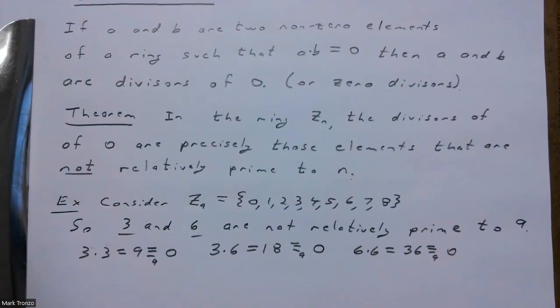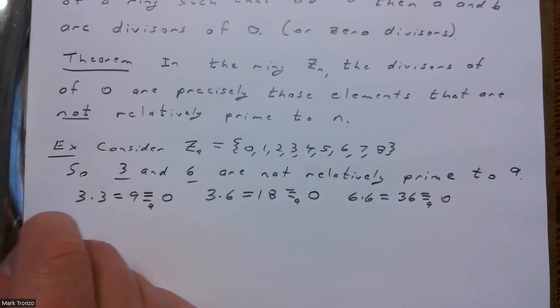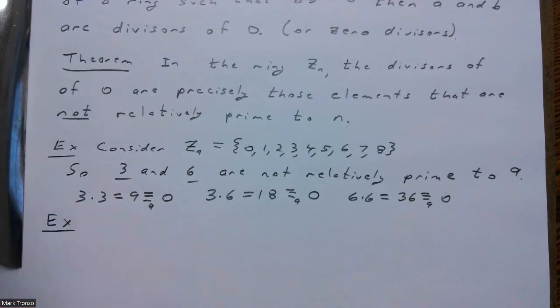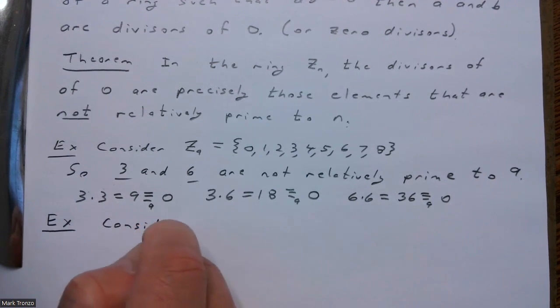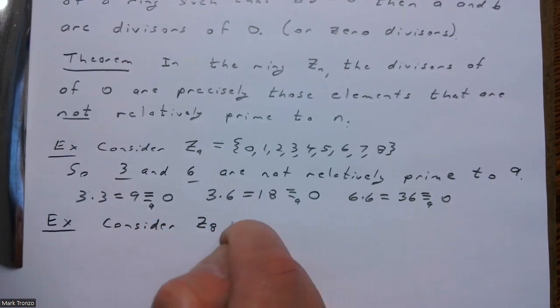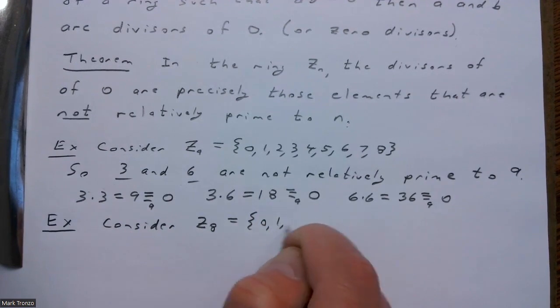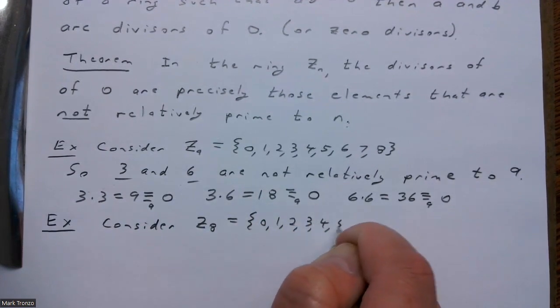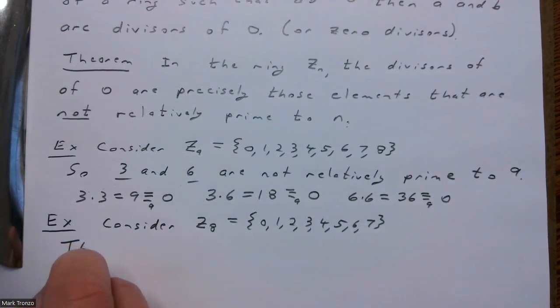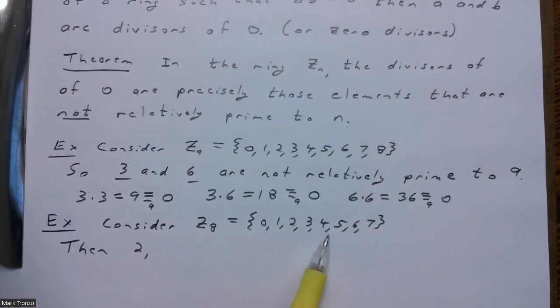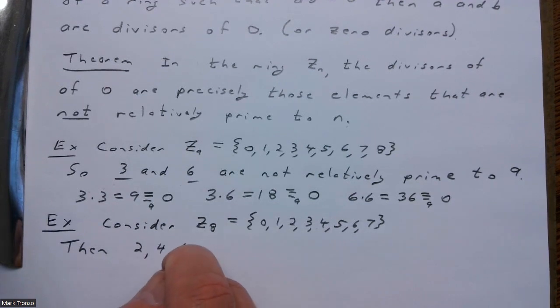Let me see if I have another one here. So let's do this one here. Consider Z8. Again, that's going to be 0, 1, 2, 3, 4, 5, 6, 7. And so in this case, 2 would not be relatively prime, 4 is not because it has a 2 in it, and 6 is not relatively prime.